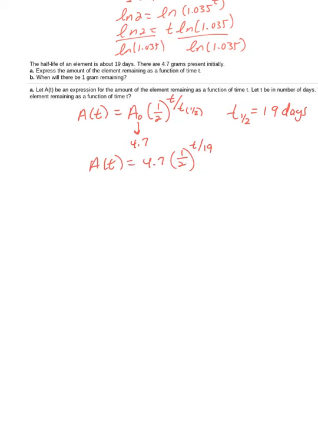So the function that they are looking for A is 4.7 times 1/2 to the t over 19. Now they ask, when will there be 1 gram remaining? So you go ahead and substitute 1 in here. And you're going to solve for t.